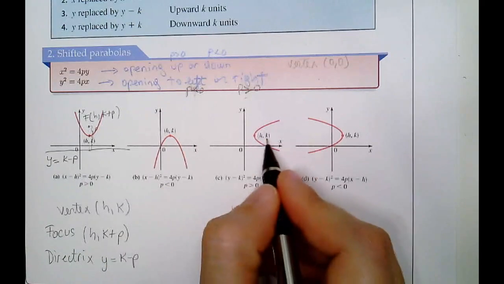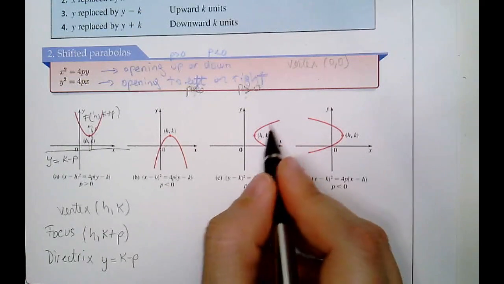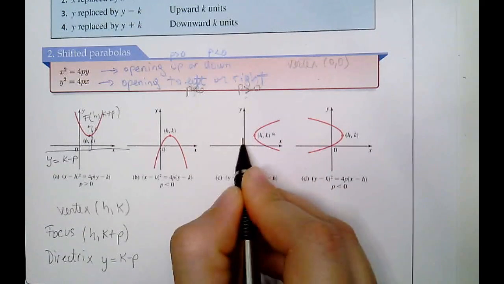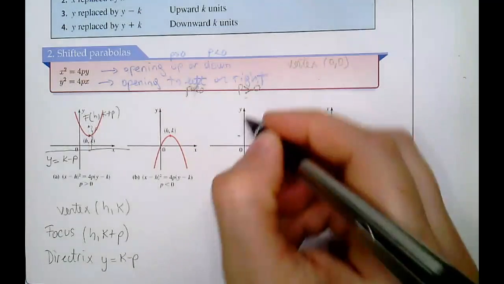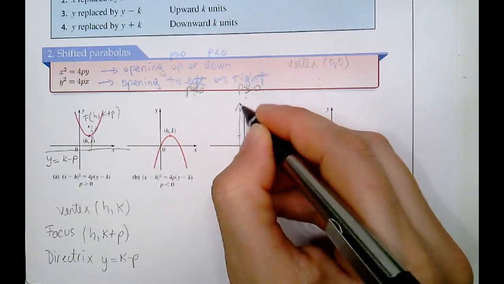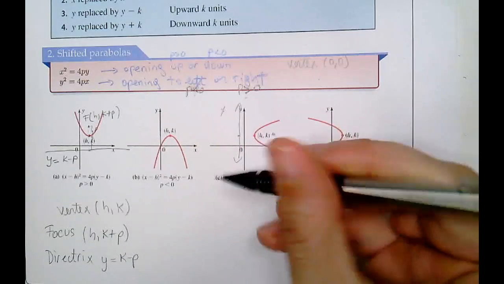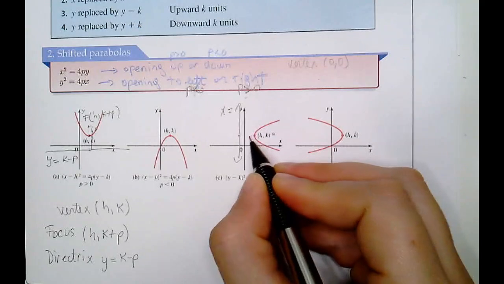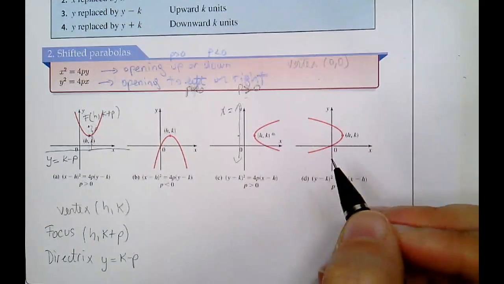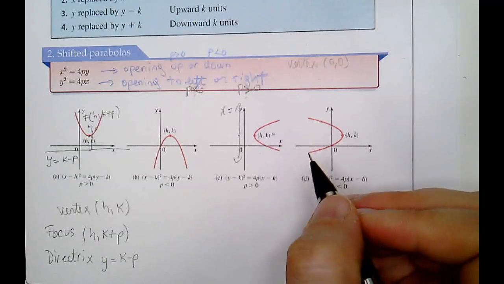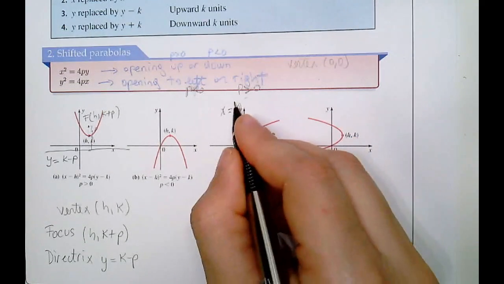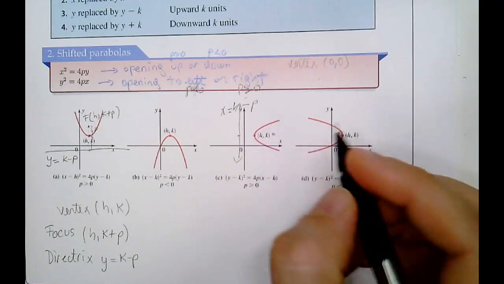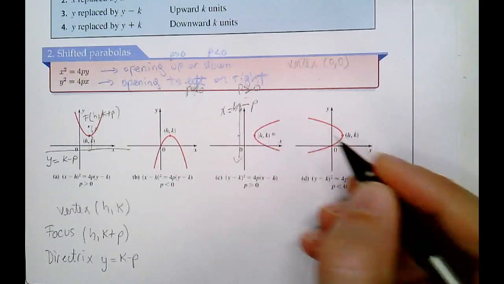So similarly, when you have y squared equals 4px, the focus is going to be here and the directrix here. And the directrix is x equals whatever the coordinate of the vertex is, h minus p, sorry.